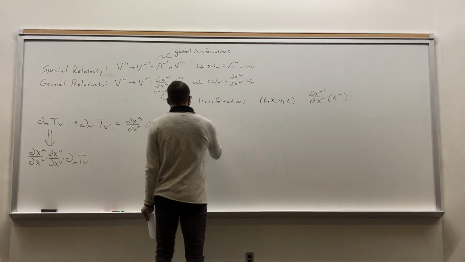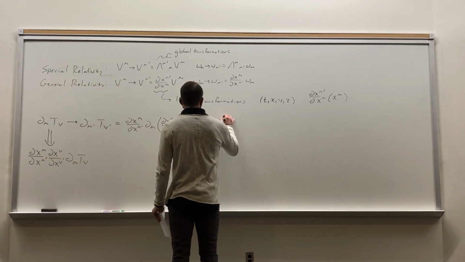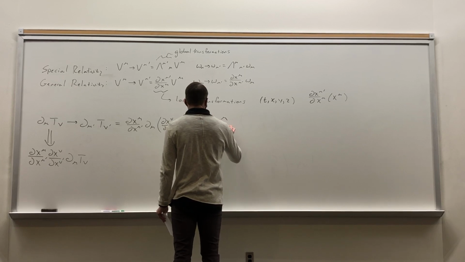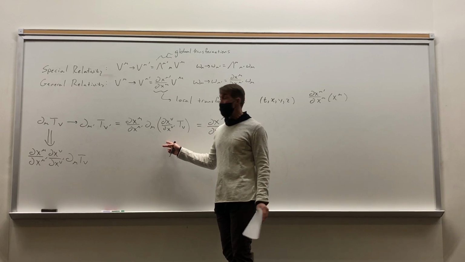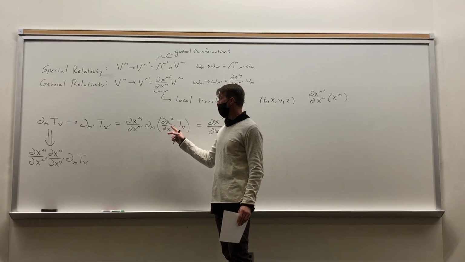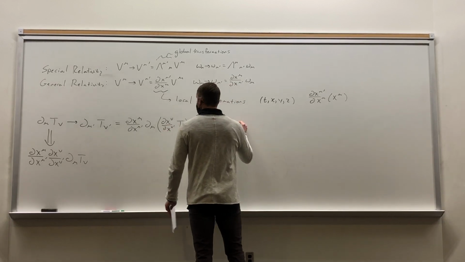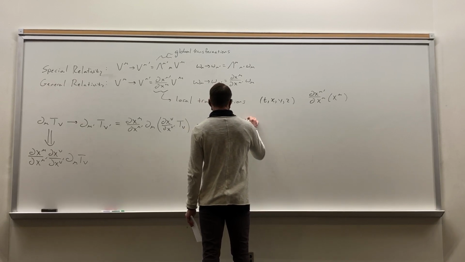So if I actually write out what I get when I do this, well, this is a product of two things, so I can just use the product rule from calculus. I can hit this one and then multiply by this one, and then hit this one and multiply by this one. The second term just gives me back what I wanted.